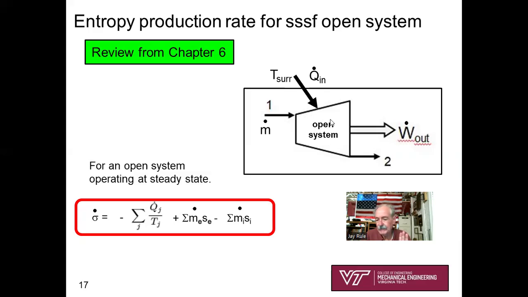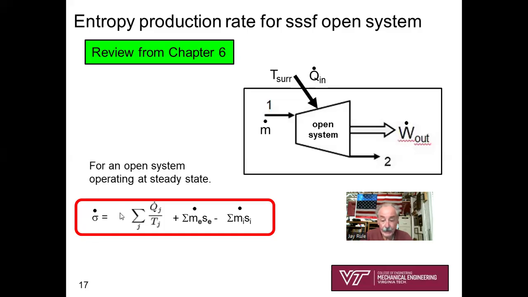I've got any open system, inlet state 1, outlet state 2, output power and heat transfer rate in from T of the surroundings. So that's my basic sketch for this statement of entropy production rate.